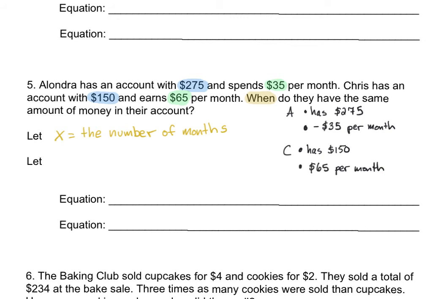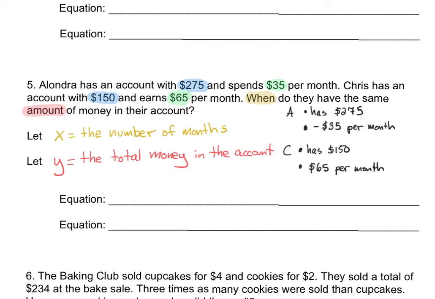Next, our other unknown is the same amount. We don't know what that amount will be. So I'll say let y equal the total money in the account. Notice, these two variables, x and y, are not related to Alondra or Chris specifically in this situation. They are all about the time that has passed, which is universal, and the money in the account, which could refer to either account.